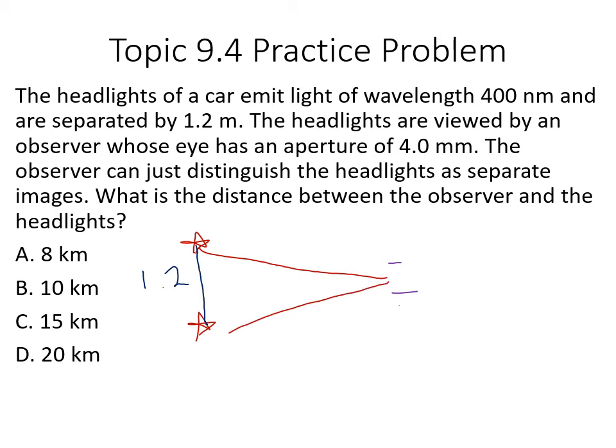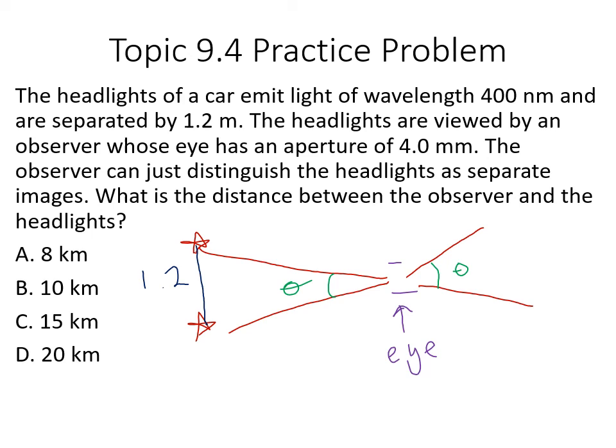Imagine these two purple lines I've drawn are the eye, and then this light diffracts out, forming an image on the back of the person's retina. So the angular separation here, this theta, should equal the angular separation here. Theta should equal theta for a small angle approximation.